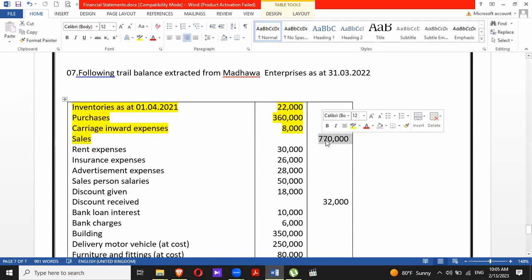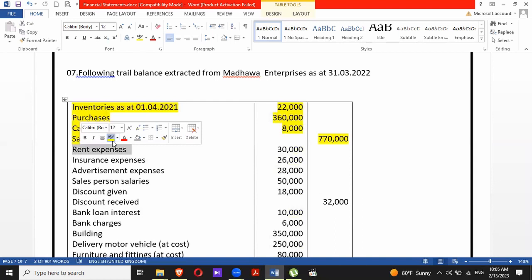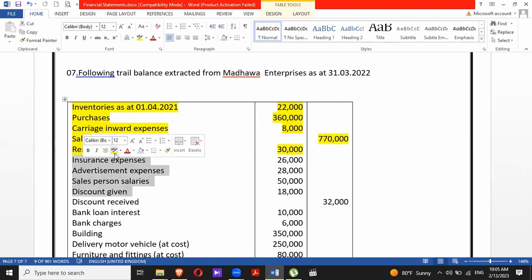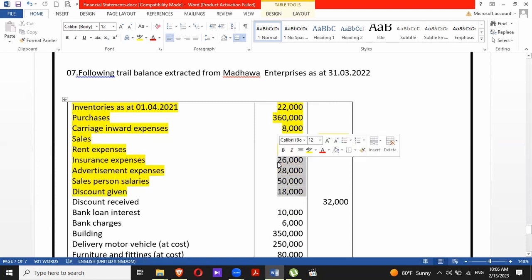Then rent expense. All expenses come under profit or loss statement. Insurance expense, advertisement expense, salesperson salary, discount given are all expenses, so all come under the profit or loss statement.